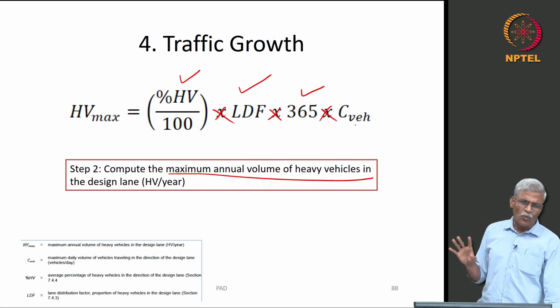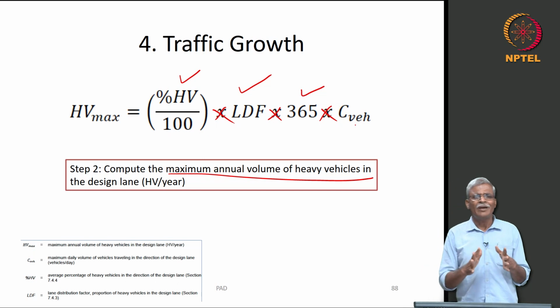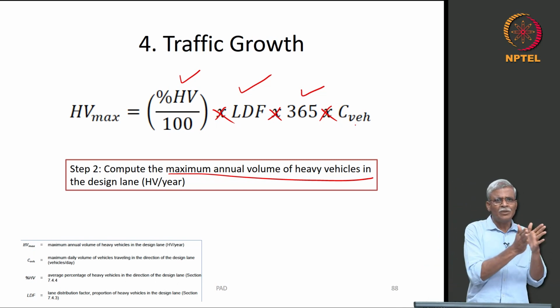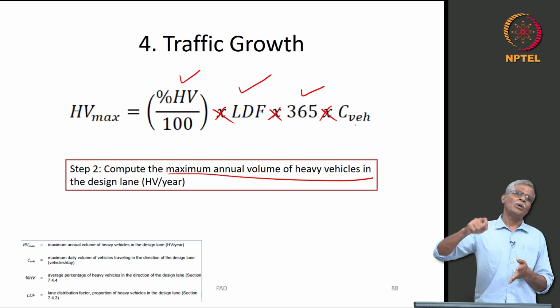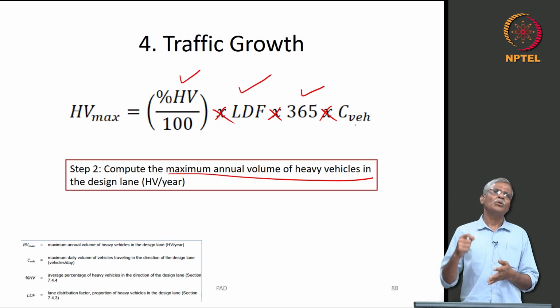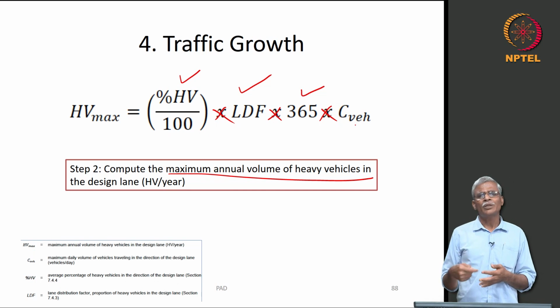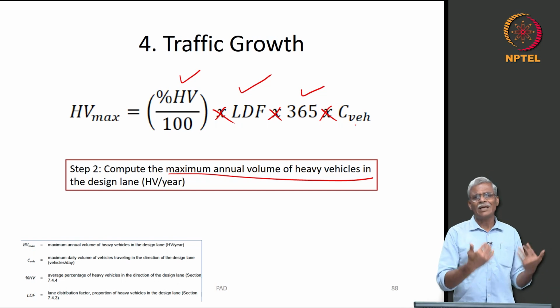So, what exactly is happening here? Many a time you sit down and do the axle load computations, and most of the time these computations are based on the axle load, but where are these axles coming from?